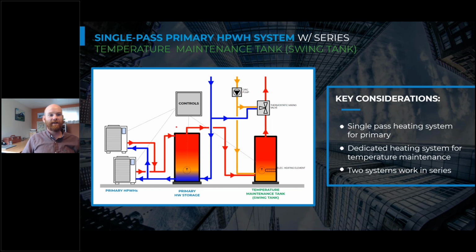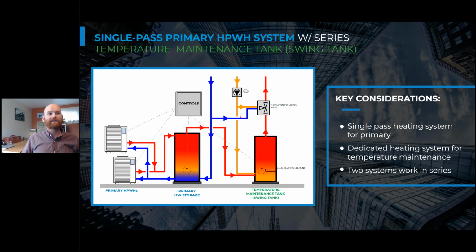So this swing tank system configuration is more appropriate for CO2 or R744 heat pumps and less appropriate for 410A or R134A heat pump water heaters, because we're trying to efficiently overheat this water and then transfer it. And the benefit too of R134A and 410A is we have the flexibility to connect them in single pass or multi-pass. So we have that option to have a multi-pass heat pump water heater from the same manufacturer that's providing our single pass heat pump water heater.